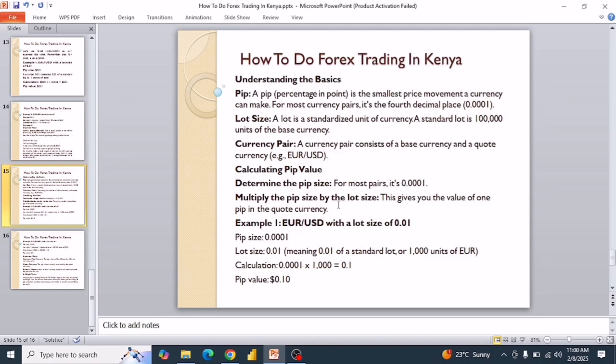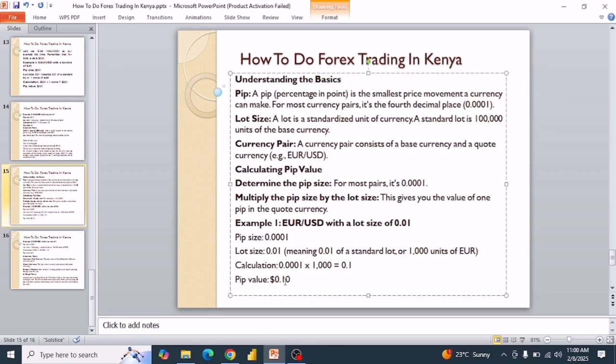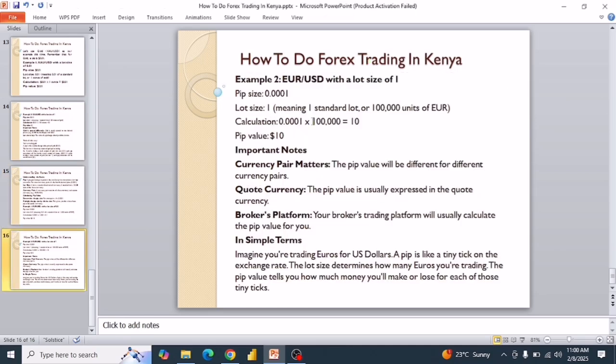And the pip movement for this is 0.0001. That means that per every pip, if you are using a lot size of 0.01, then the value will be 0.1 for every pip movement. Same case to a lot size of 1, meaning you are using the standard lot. Every pip movement will be what?